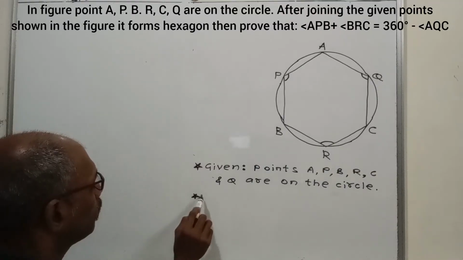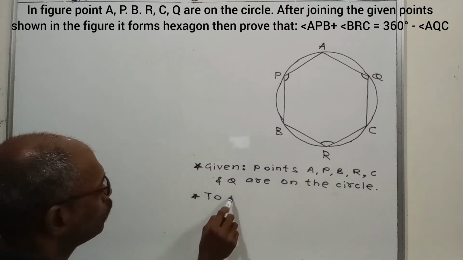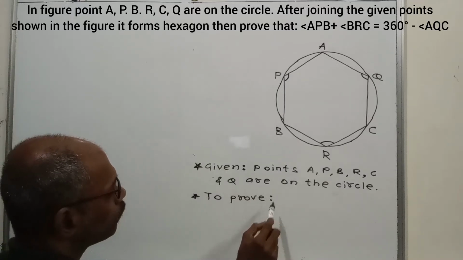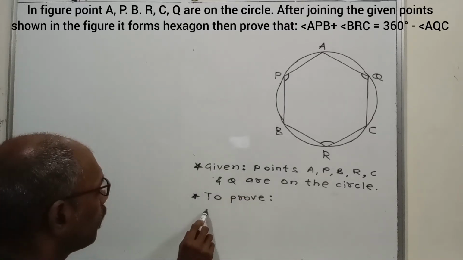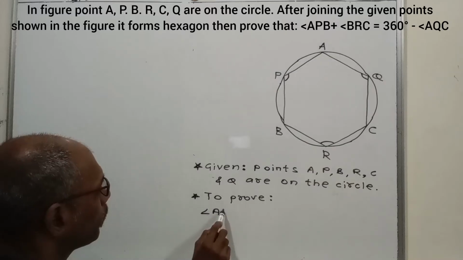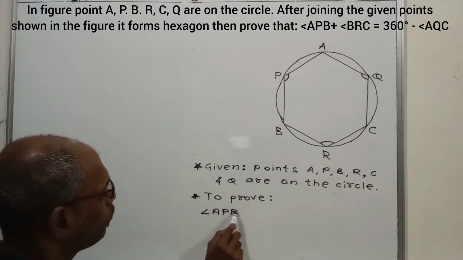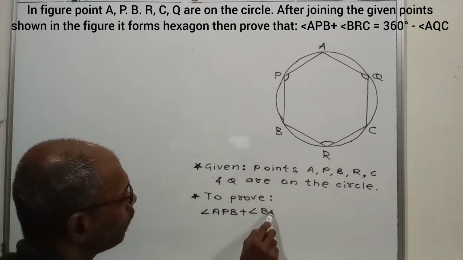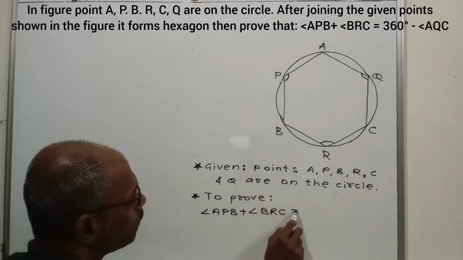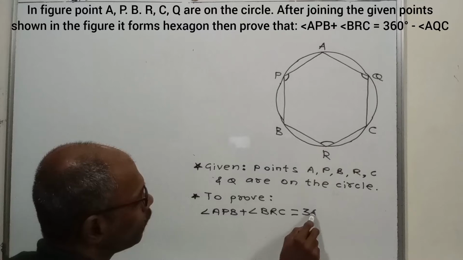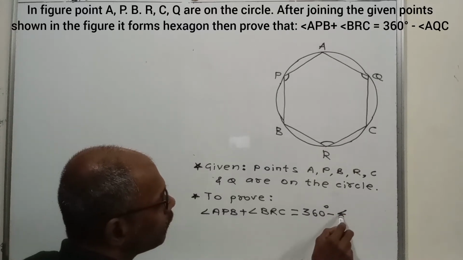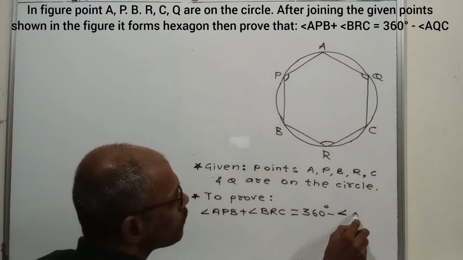Then to prove. What is to prove? Angle APB plus angle BRC is equal to 360 degree minus angle AQC.